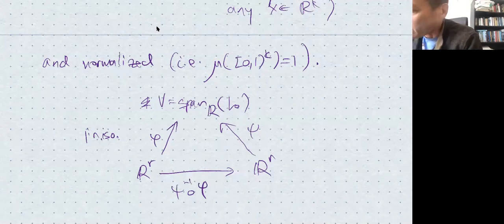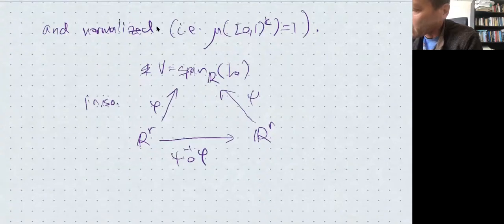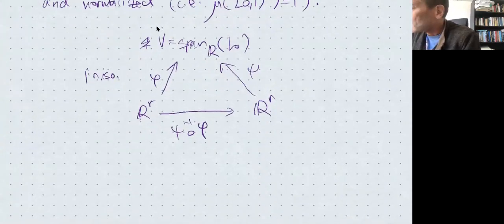So I'm also recalling a property of Lebesgue measure, which is that volumes change by the Jacobian.